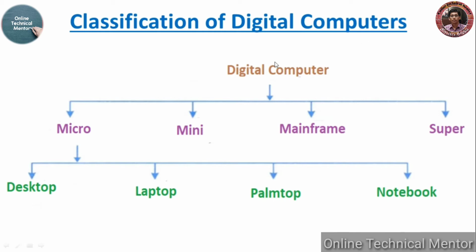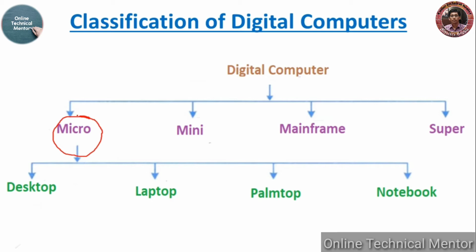A digital computer can be classified into four main categories, that is a microcomputer, mini computer, mainframe computer and supercomputer. A microcomputer is a computer with a central processing unit, CPU, as a microprocessor. Designed for individual use, a microcomputer is smaller than a mainframe or a mini computer.